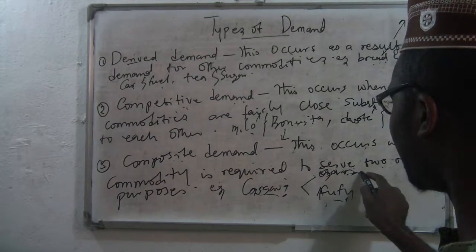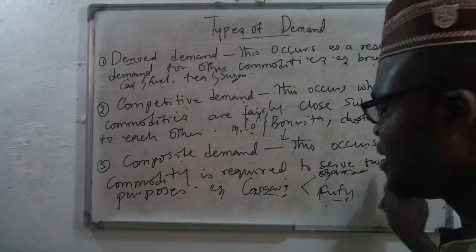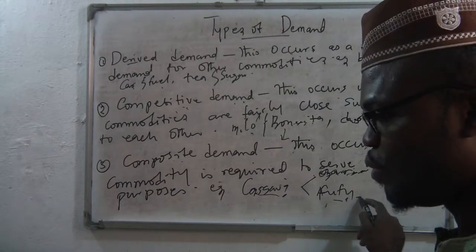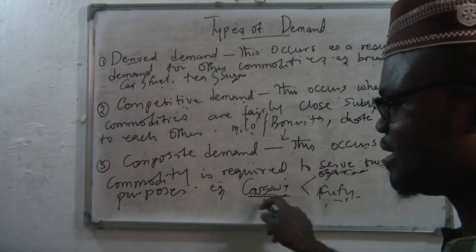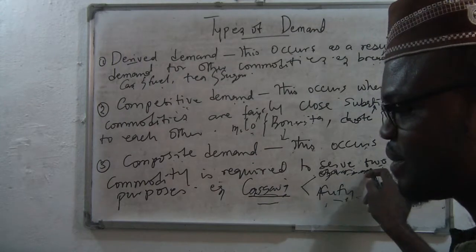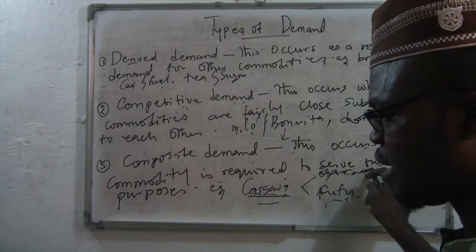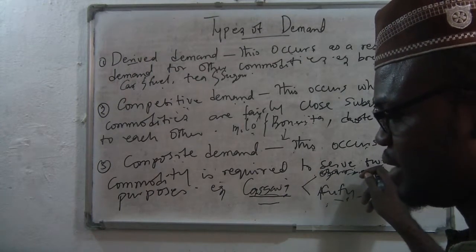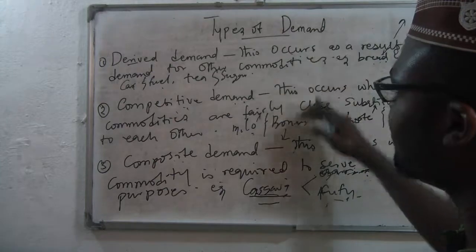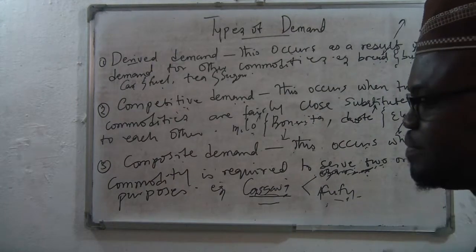So when the demand for gari is high, the supply of fufu will be low, because they will be using most of the cassava in supply to make gari, because people are demanding more gari.